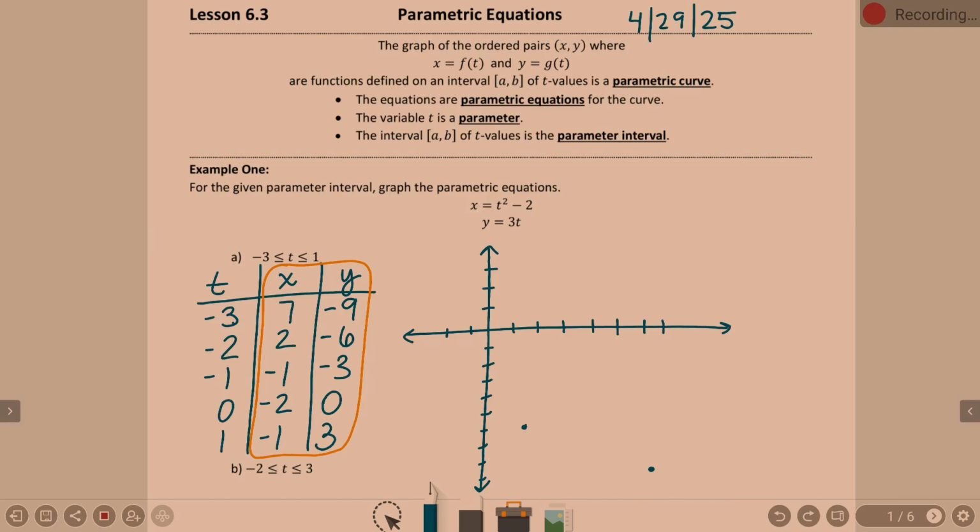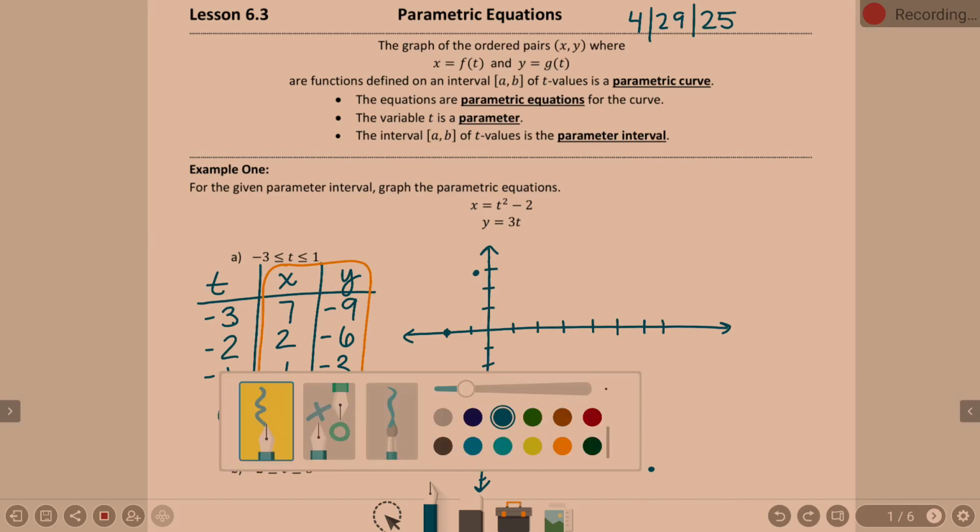Negative 1, negative 3. So left 1 and down 3. Negative 2, 0. Left 2, up or down 0. And negative 1, 3. Left 1 and up 3.